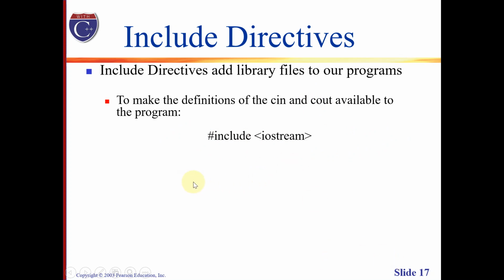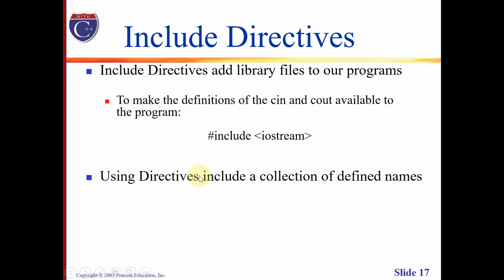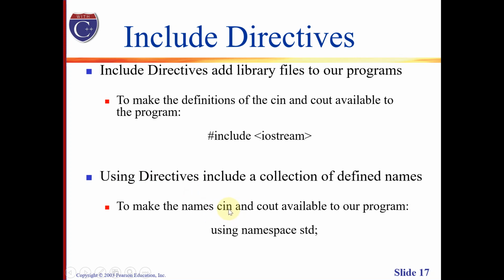If we will recall, we don't have to write code in order for us to perform basic input and output routines in our program. Hence, we can simply put those include directives to include a collection of defined names. For instance, to make the names cin and cout available to our program, we simply put the following statement. In this case, we use the namespace std.